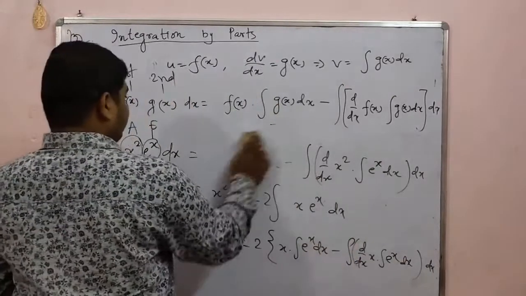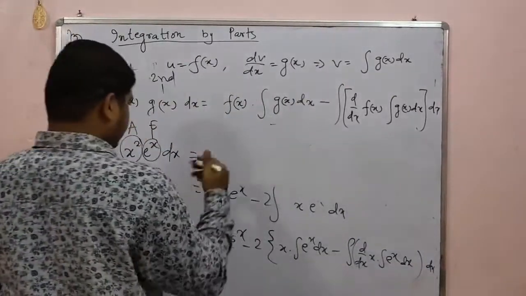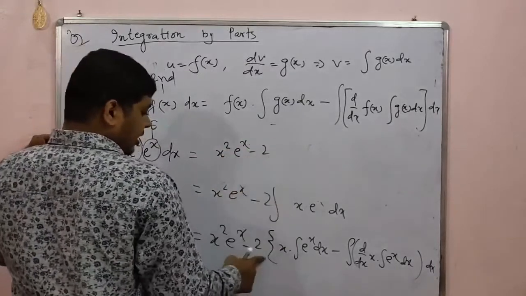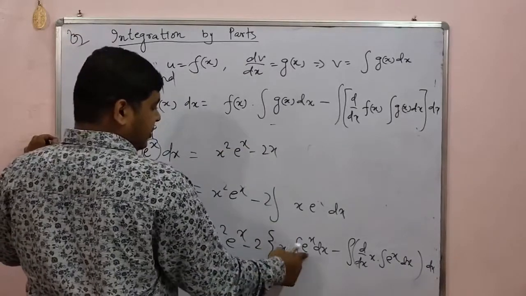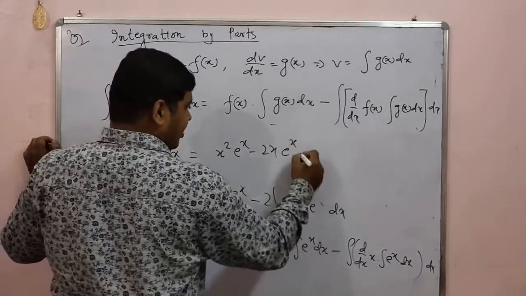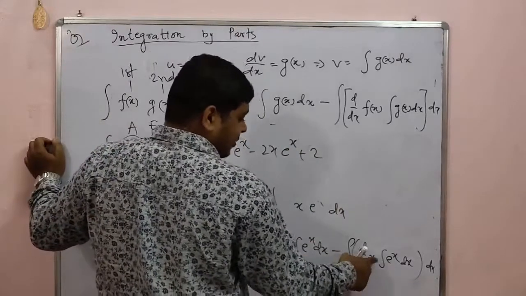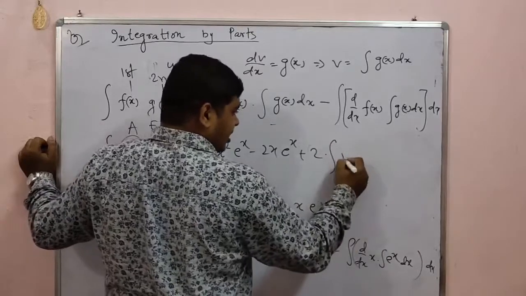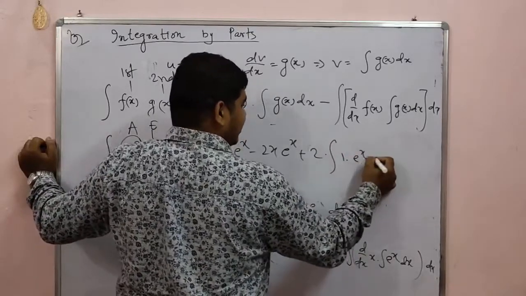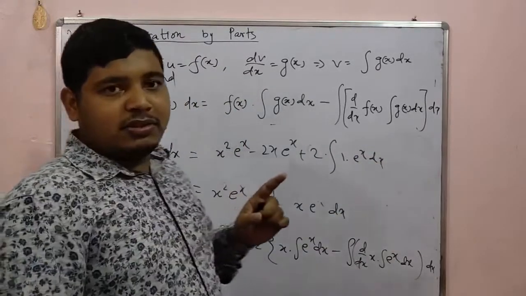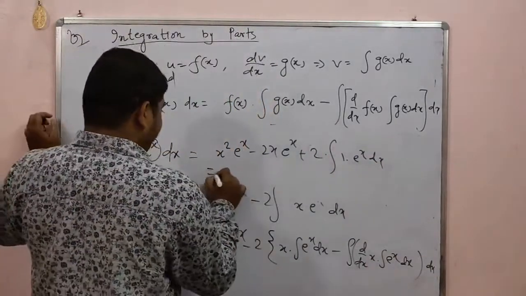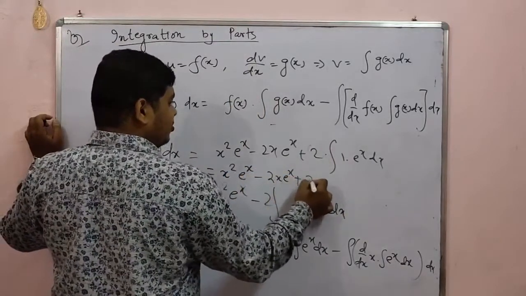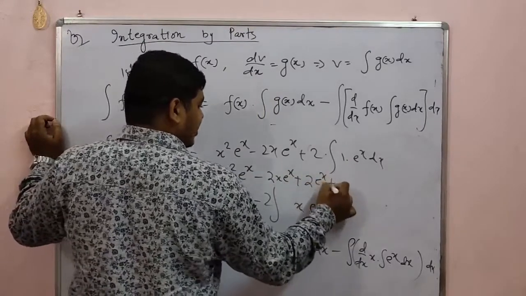So the answer of this is equal to x square e to the power x minus 2 into x e to the power x, the integration of e to the power x is e to the power x, minus minus plus 2 integration of derivative of x, which is 1, into integration of e to the power x dx. Now we have to again integrate e to the power x. So this answer becomes x square e to the power x minus 2x e to the power x plus 2 into e to the power x plus some constant.